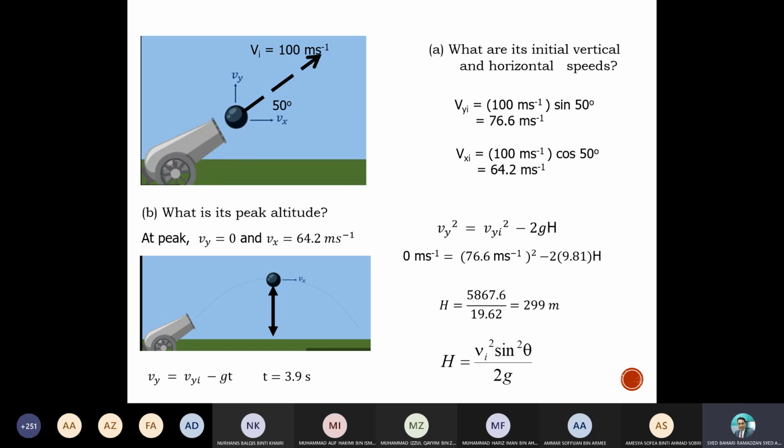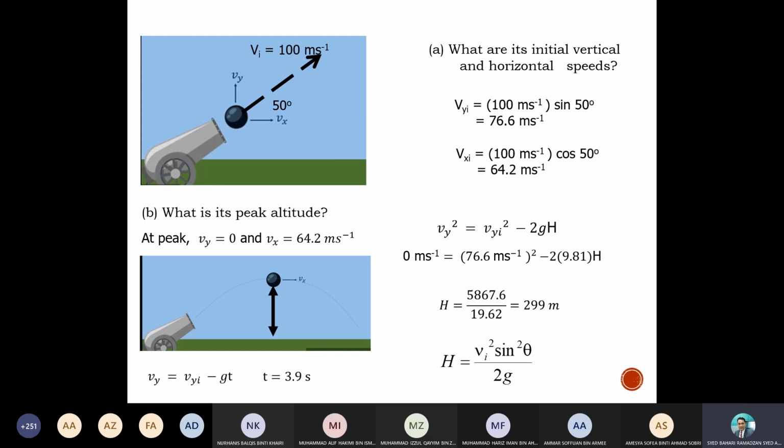And what is its peak altitude? We know that at the peak altitude, or the highest point, Vy is equal to 0. You must know this. Why is it equal to 0? I explained earlier: it starts with the initial velocity and then decreases. At the highest point, it disappears, that's why Vy is equal to 0.